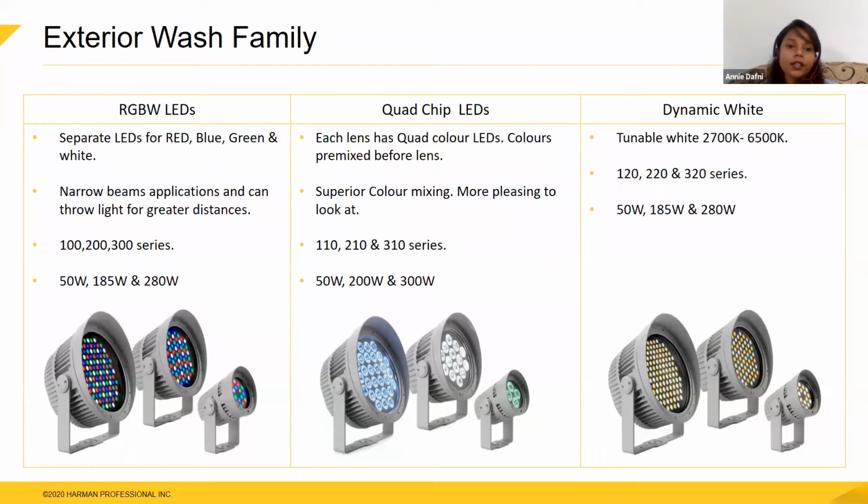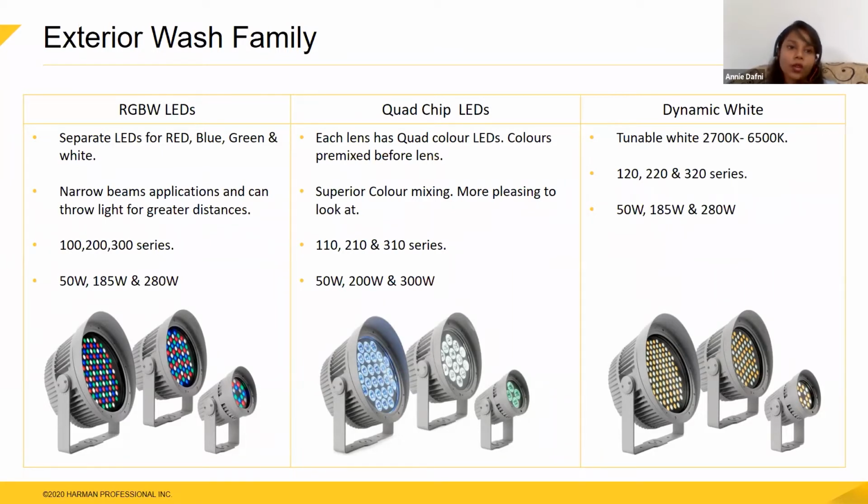An advantage over the RGBW is that, since the colors are pre-mixed, sometimes when you place a fixture very close to the wall, in the RGBW variant you tend to see the discrete colors from the individual LEDs, and that can be completely avoided in this variant.